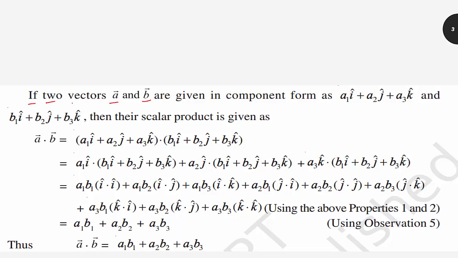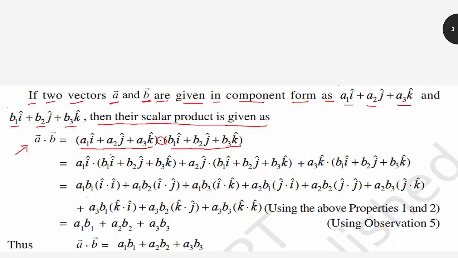If two vectors A and B are given in component form as a1 i cap plus a2 j cap plus a3 k cap and b1 i cap plus b2 j cap plus b3 k cap, then their scalar product is as given here.